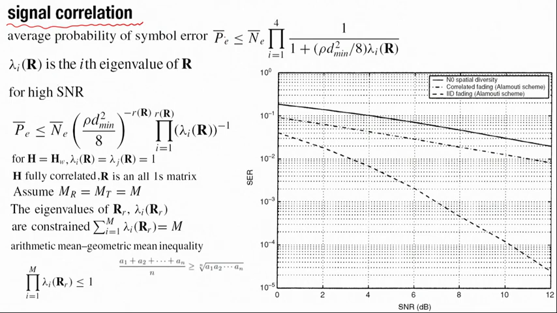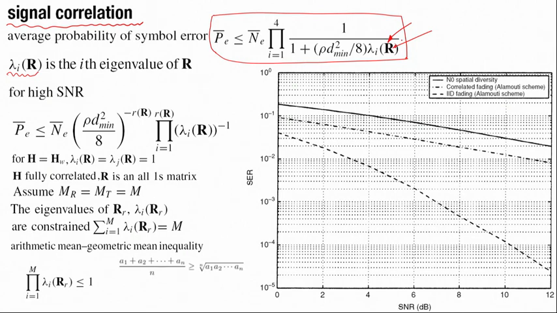So, the average probability of error, which we have described in all our previous discussions, is given by a particular expression over here, and what we see is that the eigenvalues of the R matrix are present. So, we have a 2 cross 2 system in this case, and the eigenvalues of R are determined or are influenced by the correlation which is present in this R matrix.